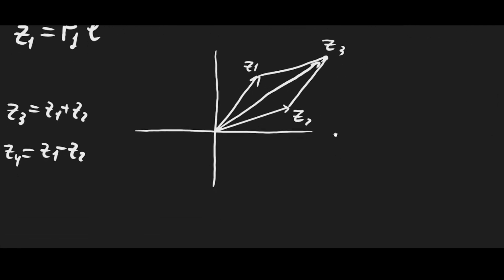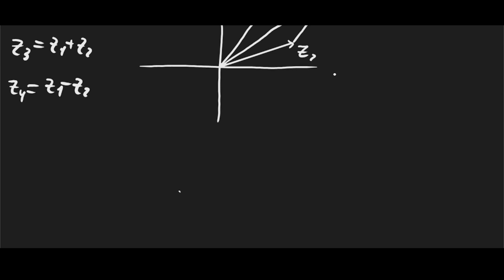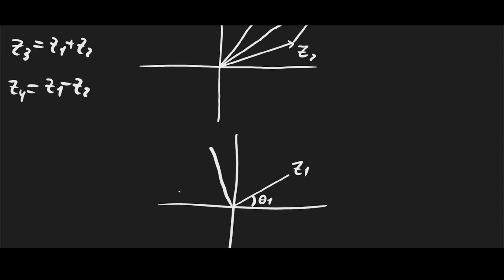And now let's consider what would happen if you took the product of two complex numbers. If this was z1, which has angle theta 1, and this was another complex number z2, which has angle theta 2, their product z3 would be somewhere here, which would have angle theta 1 plus theta 2.